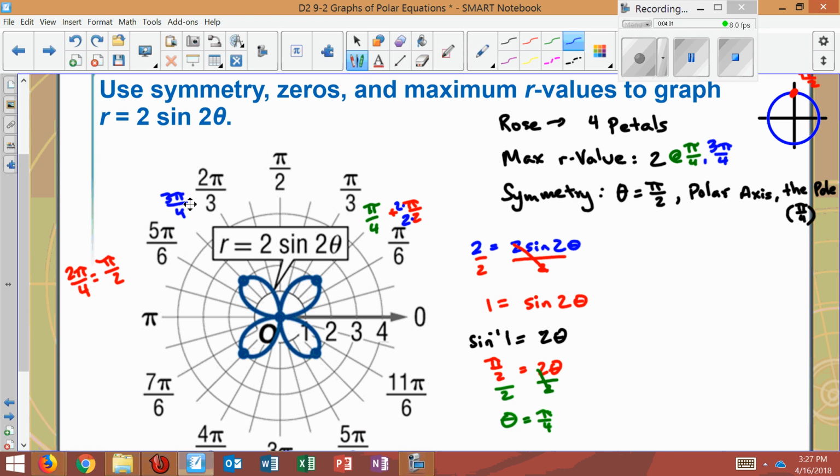To get the next one, I add another pi over 2, which is the same thing as 2 pi over 4. This time I get 5 pi over 4. So this max is at 5 pi over 4.